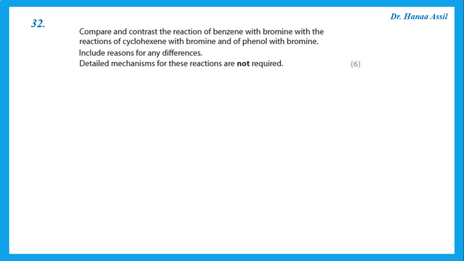Compare and contrast the reaction of benzene with bromine with reactions of cyclohexene with bromine and phenol with bromine. Include reasons for any differences. Detailed mechanisms are not required. So let us think about reactions of benzene, cyclohexene, and phenol with bromine.